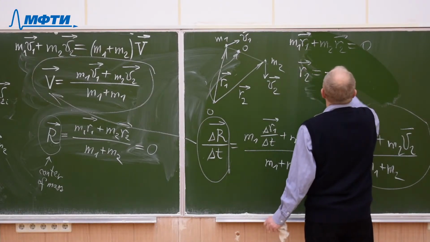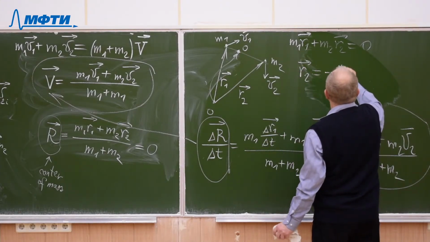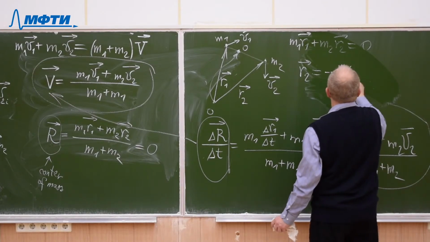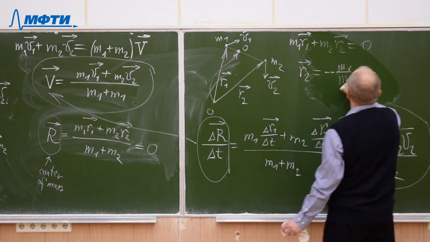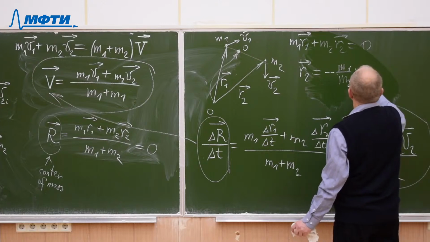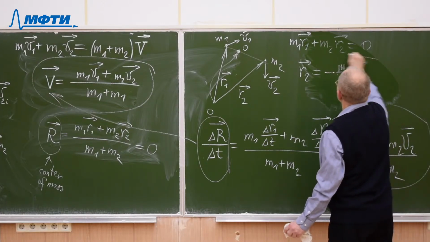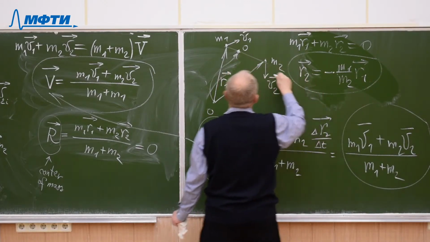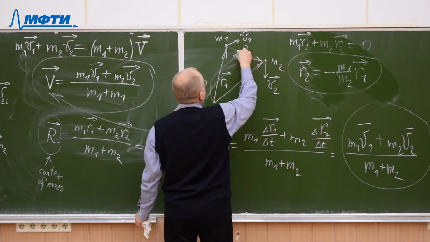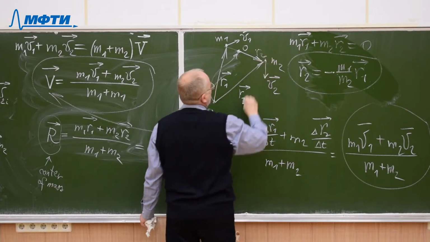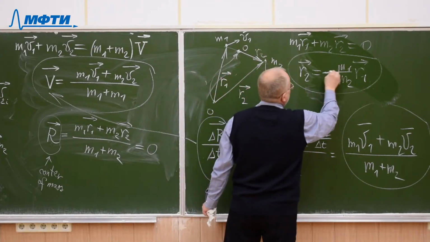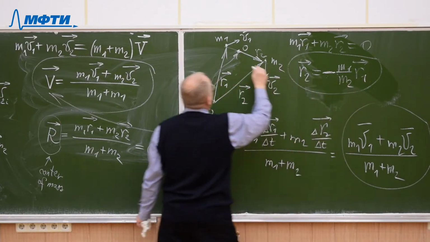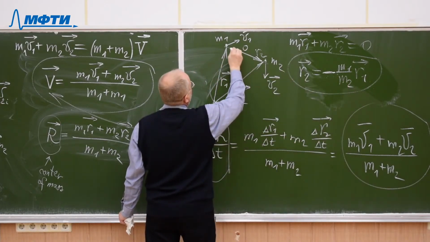It will be minus some coefficient, equal to m1 over m2, times r1. So in this frame of reference, vector r2 will have direction opposite to vector r1.